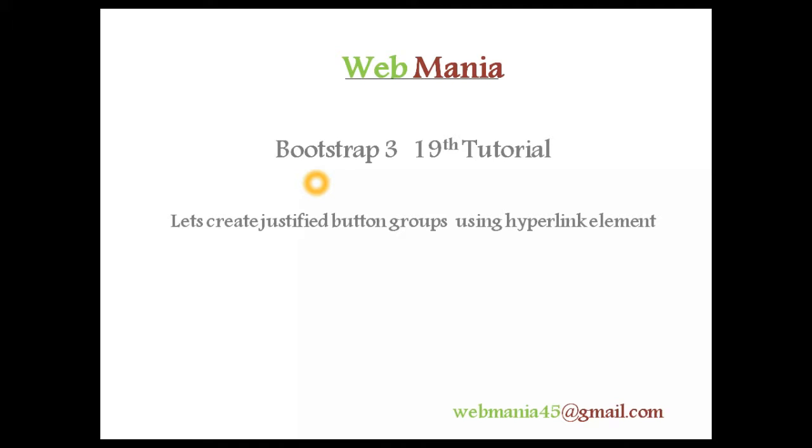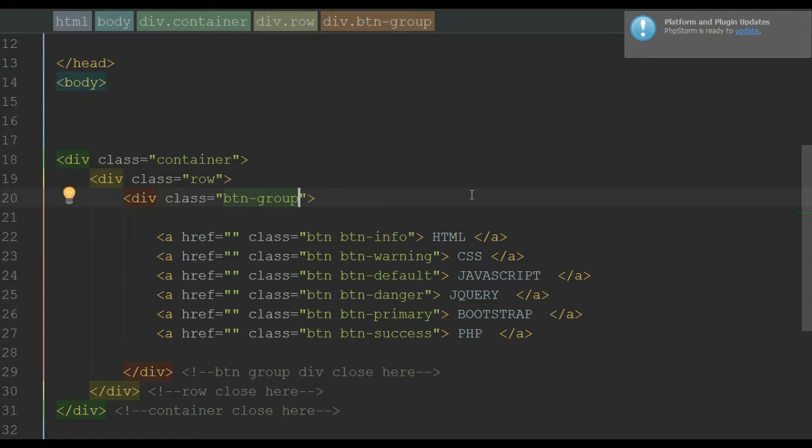Now let's create a justified button group using hyperlink elements. It's our browser, and we are going to use the btn-group-justified class by using an anchor element. So this is the button group, and inside the button group we have an anchor element, and within that anchor element we use button classes.